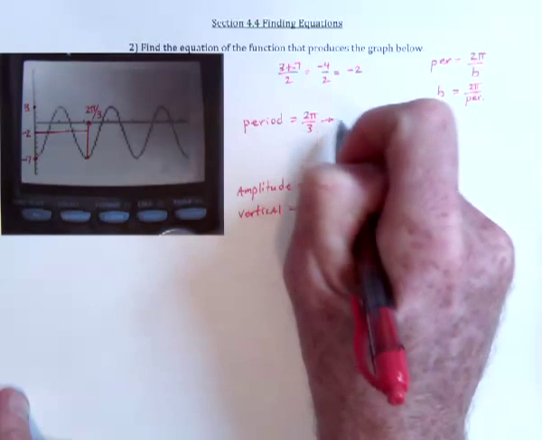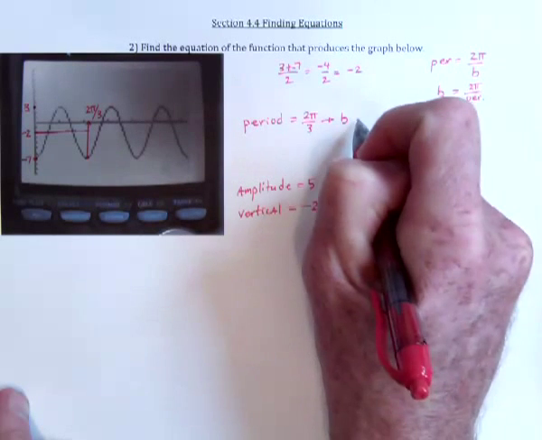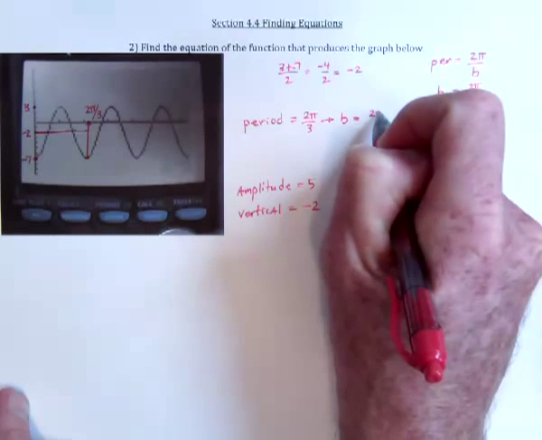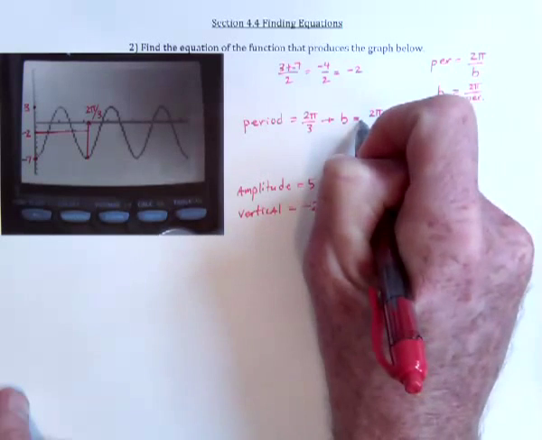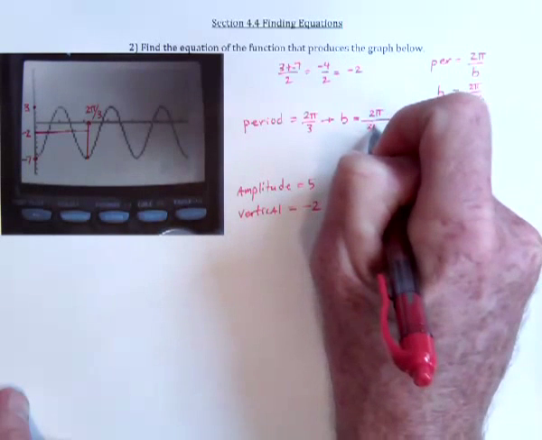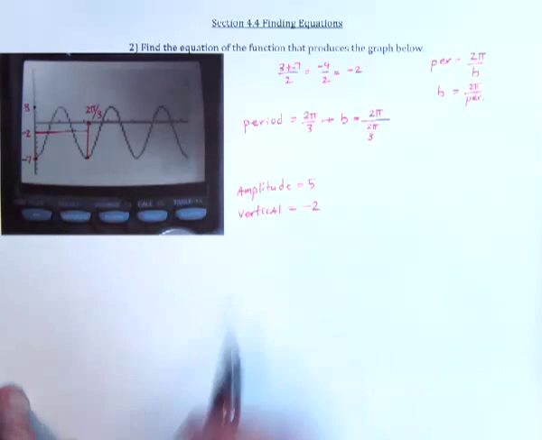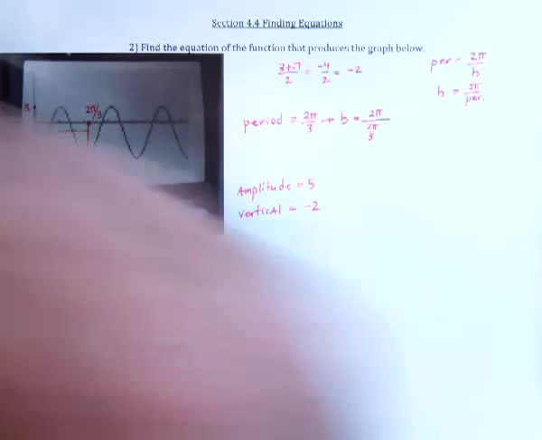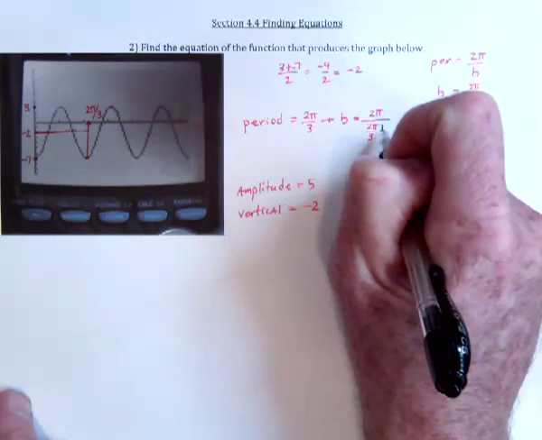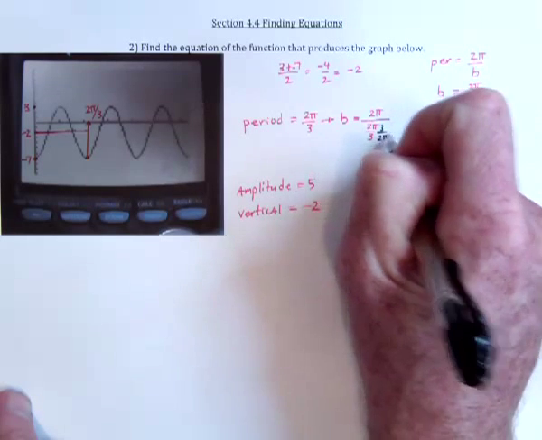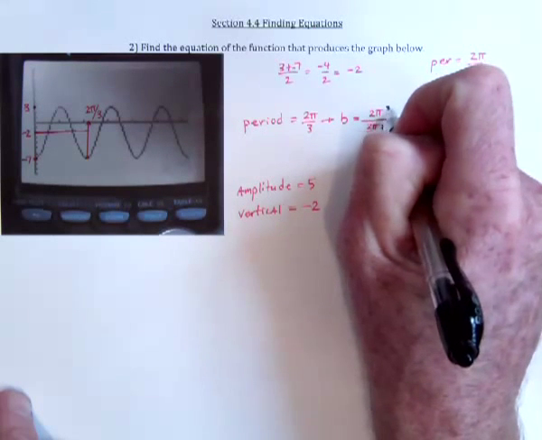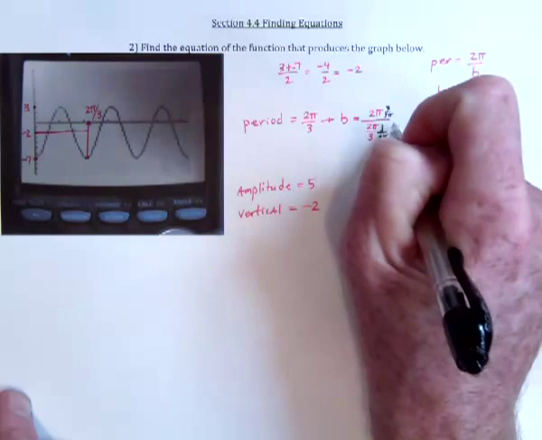So in other words, in here we can find out that the b is 2 pi divided by 2 pi over 3. Then invert and multiply. So multiply by 3 over 2 pi.